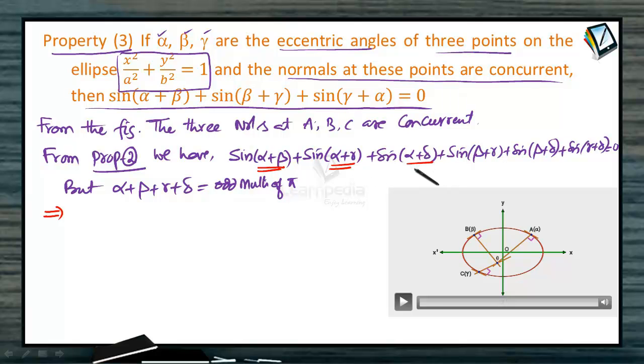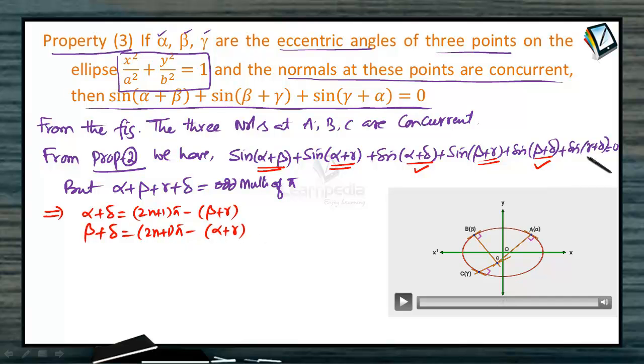Alpha plus delta I would like to replace: alpha plus delta can be written as an odd multiple, that is (2n plus 1) pi minus the rest of the thing, where alpha and delta cancel, that is beta plus gamma. Similarly, beta plus gamma is required, and beta plus delta I would like to replace: beta plus delta is equal to (2n plus 1) pi minus what is left, alpha plus gamma, and gamma plus delta I would like to replace: gamma plus delta is equal to (2n plus 1) pi minus alpha plus beta.